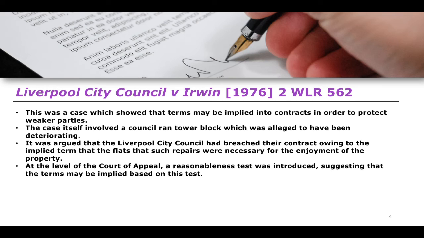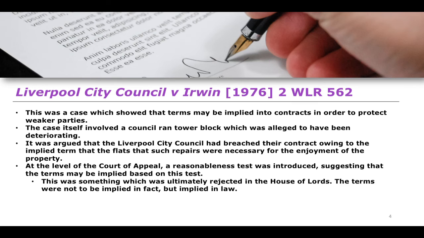At the level of the Court of Appeal, what was introduced was something of a reasonableness test, a reasonable standard, which is of course an objective standard test, for suggesting how terms may be implied through law into a contract. And they suggested that the terms may be implied on the basis of this test. This was something which was ultimately rejected by the House of Lords, however.